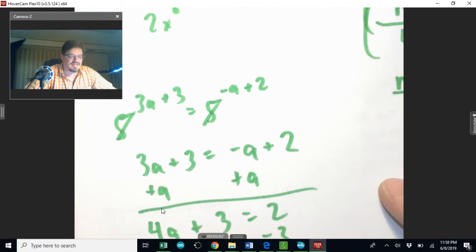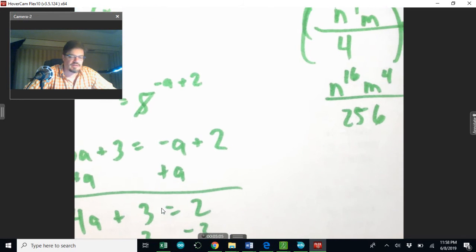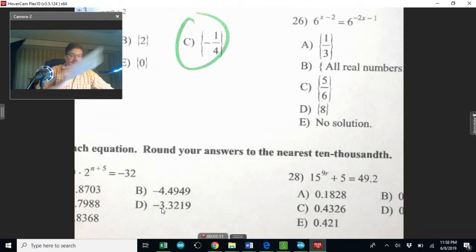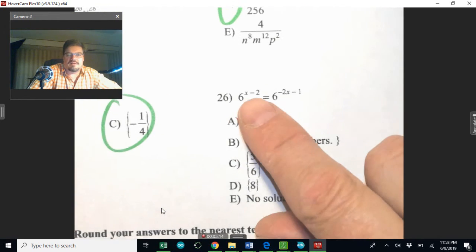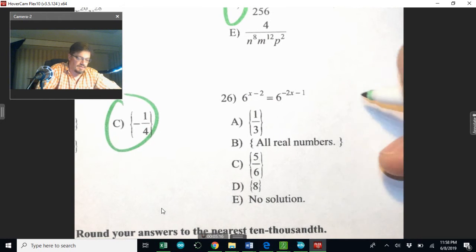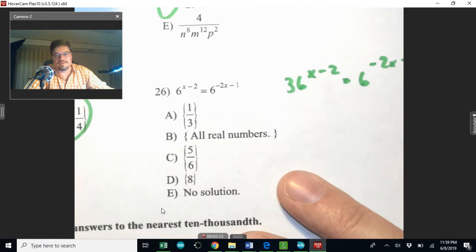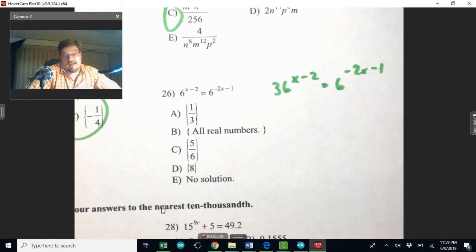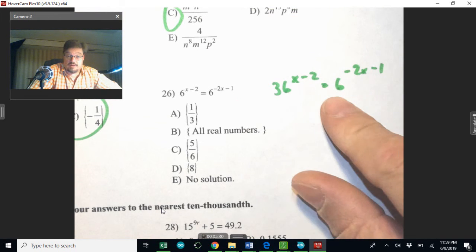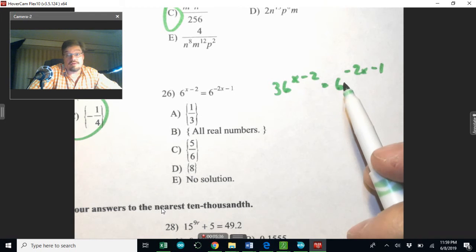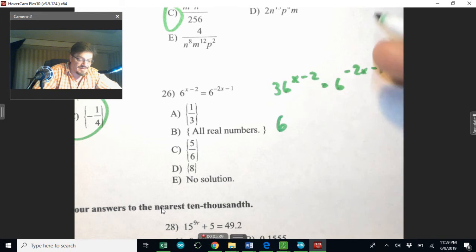It looks like 26. You kind of got lucky again. I almost want to change the problem just to show you what probably is going to show up on the test, because this matches also. What should have actually happened is I wanted you to have 36 to the x minus 2. Because what happens then is that these do not match up, so we have to make them match. 36 is actually a power of 6, so I can rewrite this with a base of 6, because when they both have a base of 6, I cross them off.